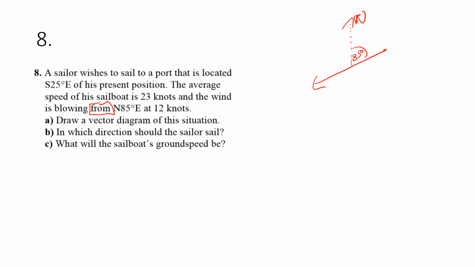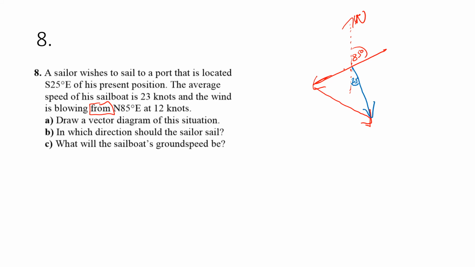So this is the wind right here. And then we have the sailboat going this way. Okay, that's the sailboat. And when I add those two, it should take me south 25 degrees east, which is where I'm trying to go, right? So this right here is 25 degrees.